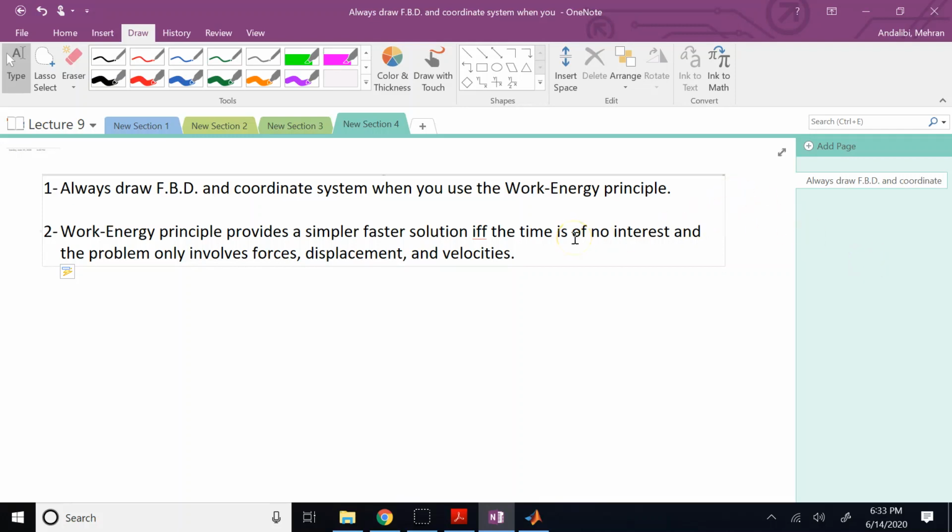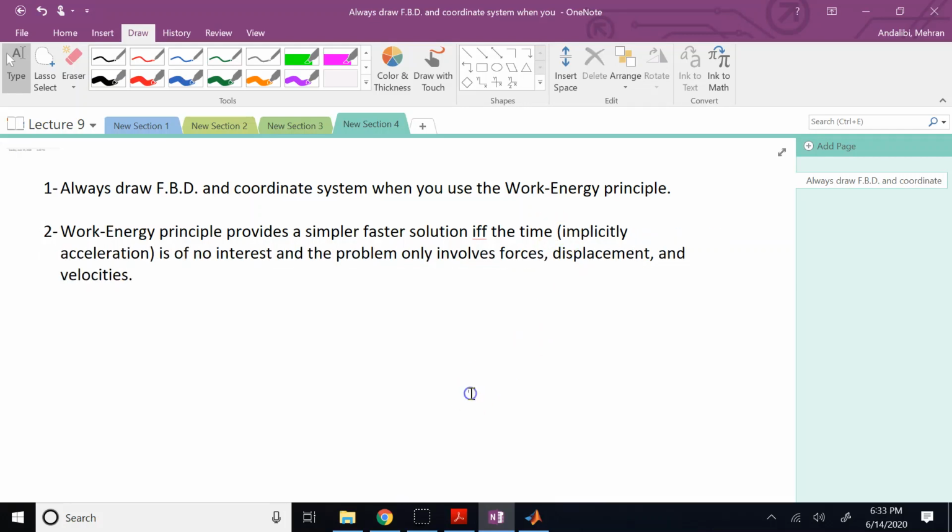But if somebody asks how long does it take to do, and implicitly acceleration, if somebody says what is the acceleration of the particle, you cannot go with this formula, because you clearly see in this formula all I have is velocity and work, which is a combination of force and displacement.